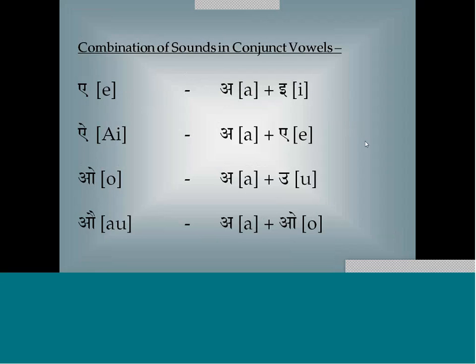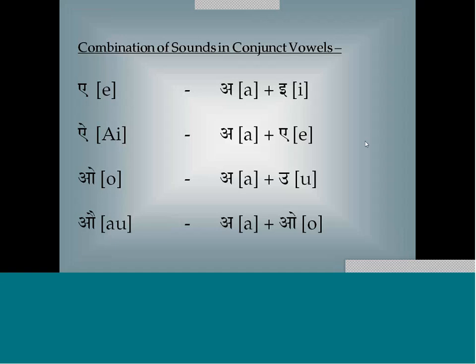It is guttural. And for E, it is palatal. Therefore, A is a combination of guttural and palatal. I have written the transliteration only for some people who find difficulty in understanding Devanagari script in the beginning.